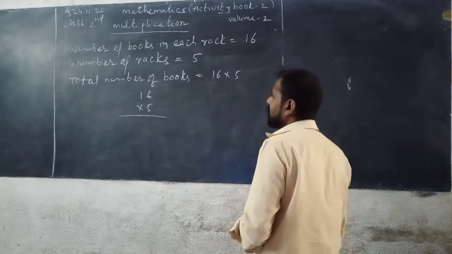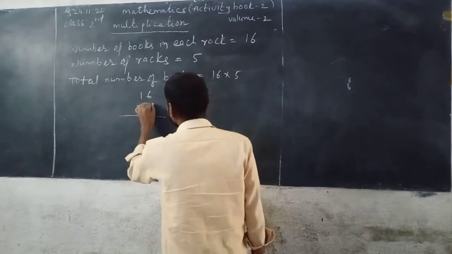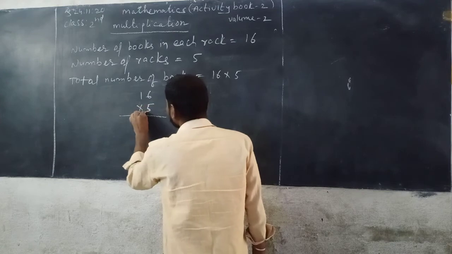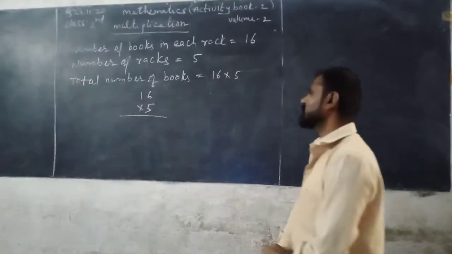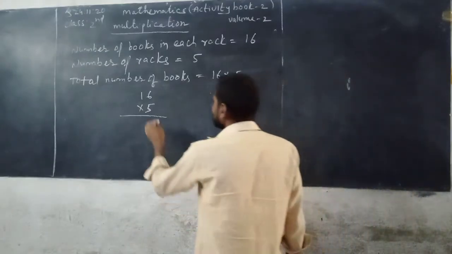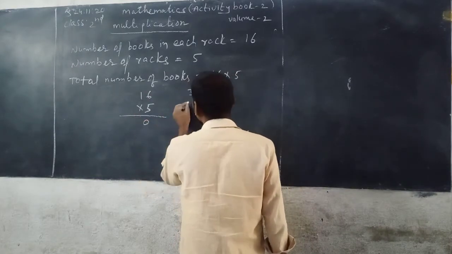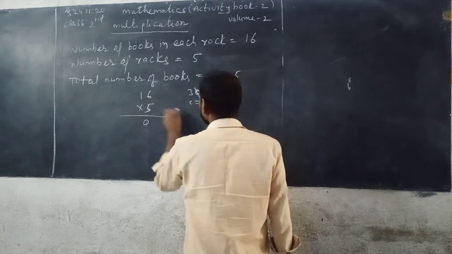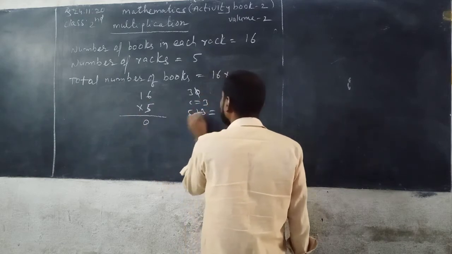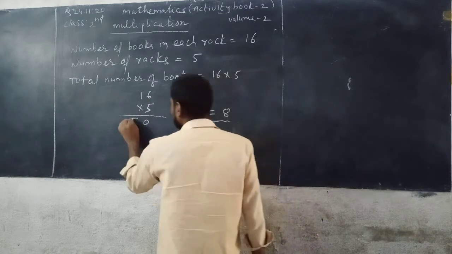First multiply by 5. See here. First multiply the digits in the ones place, that is 6 with 5. 5 6s are 30. In it, 3 is carried and 0 is written, carrying 3, beta. 5 1s are 5. 3 is added to 5. 5 plus 3 you can get 8. 8 write down.